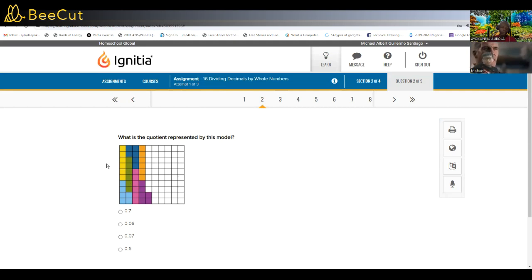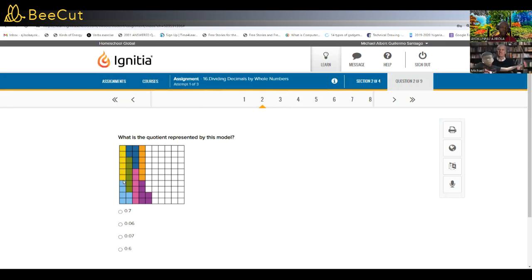Miggy, what do you think the answer should be? We said if you divide, the quotient will be the number in each group. 0.07? Let's count 1, 2, 3, 4, 5, 6.